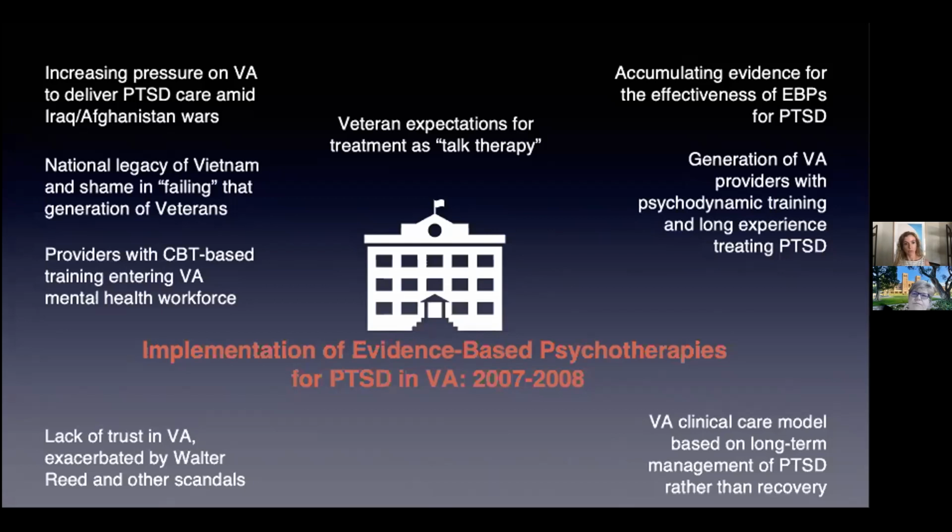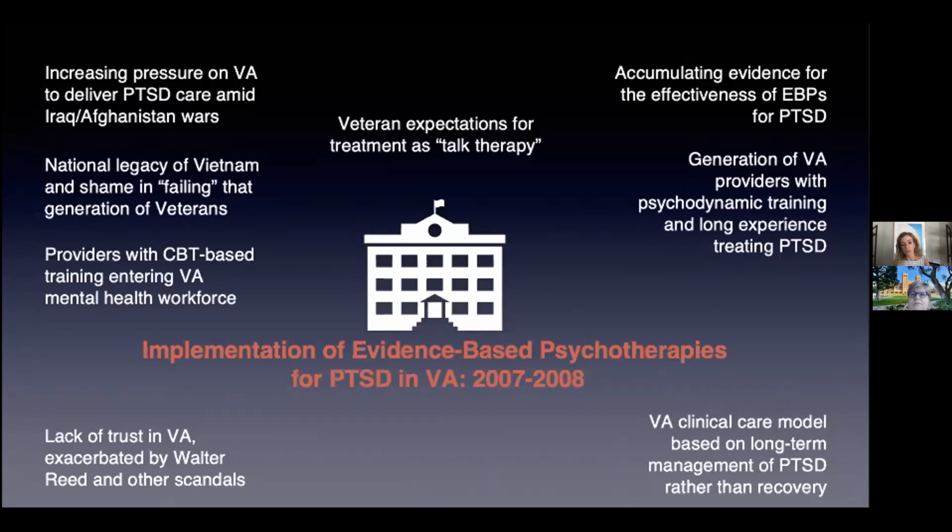It was very powerful. We had a whole generation of VA providers who had been treating veterans since Vietnam with PTSD and had thoughts about how that was supposed to look and how that worked. We had a clinical care model, including scheduling processes and workflows that was all built around a different model of PTSD, which was really that this was a kind of a chronic mental illness.